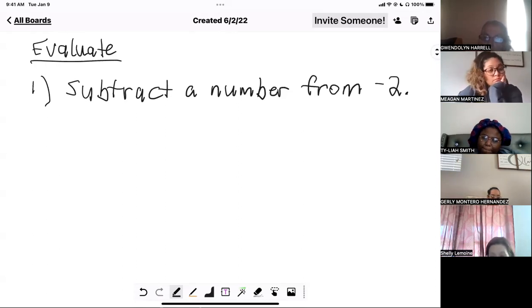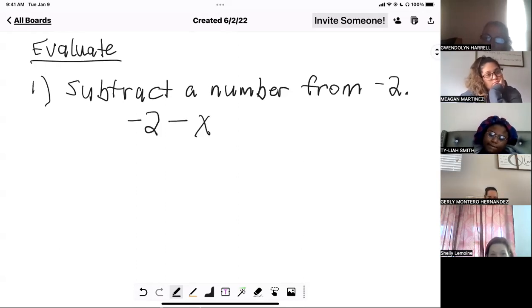So that means I'm taking -2 and subtracting a number from it: -2 minus X. And then from here, I could say, let X equal -5, and you can figure it out, right?